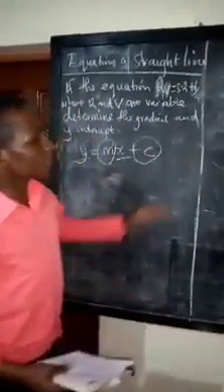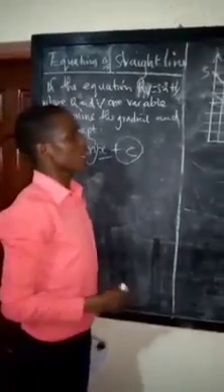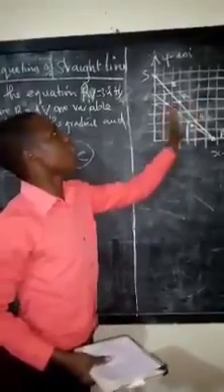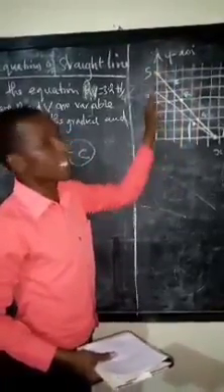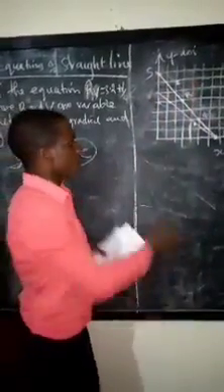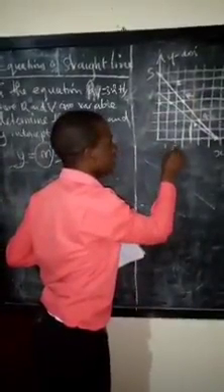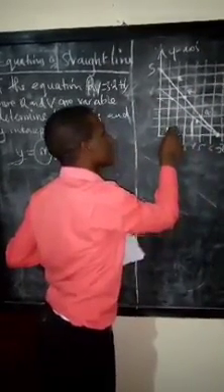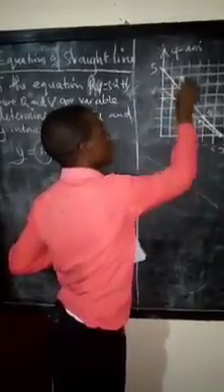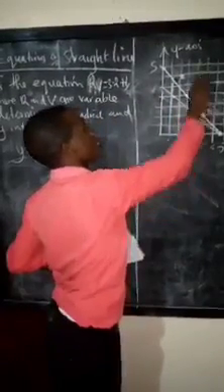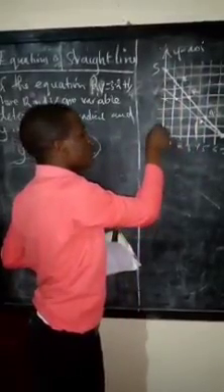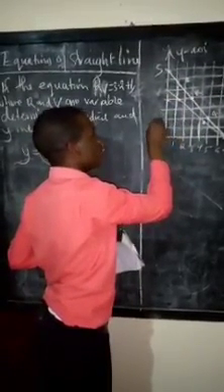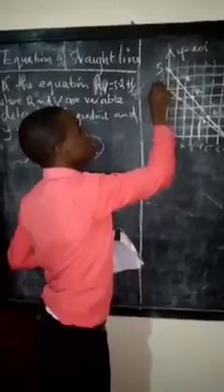Again, important to note, there are some things which we normally confuse. The lines that are vertical, or parallel to the y-axis, are the x's. For example, we can have x is 1, x is 2, x is 3, x is 4, 5, 6, 7. These are the lines we call x's, the vertical lines which are parallel to the y-axis. And the other lines are y is equal to 1, 2, 3, 4, 5, 6.